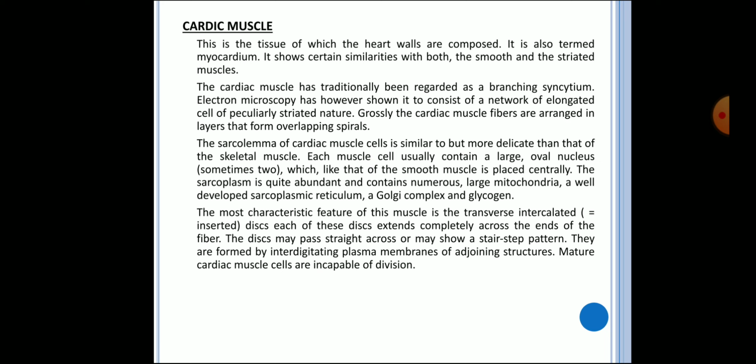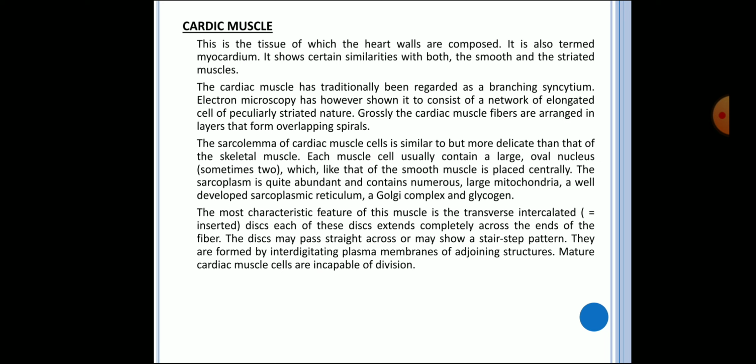Each muscle cell contains a large oval nucleus which, like that of smooth muscle, is present centrally. The sarcoplasm is quite abundant and contains large mitochondria, a well-developed sarcoplasmic reticulum, Golgi complex, and glycogen.